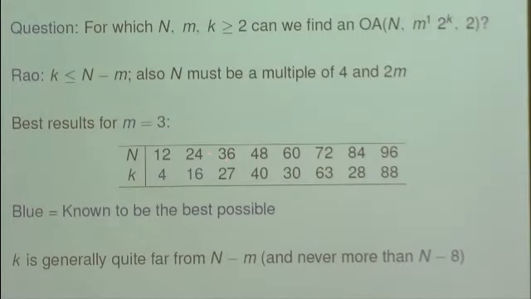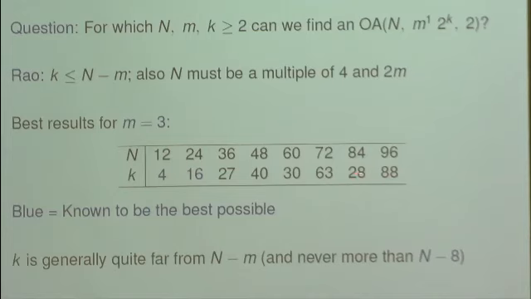For 36 runs, m is equal to 3. You could hope for 36 minus 3 is 33 two-level factors, because by now we have to expect that we can get there. The best known is 27, but it's actually not known whether you can do better or whether you cannot do better. So it's not known whether you can get 28 or 29, open question.